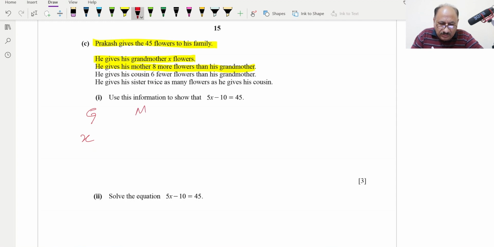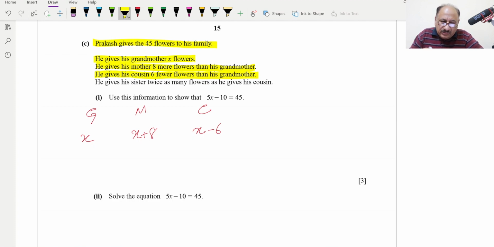So to mother X plus 8, because 8 more than grandmother, and he gives his cousin 6 fewer flowers than his grandmother. So cousin we can show as C, and X minus 6.